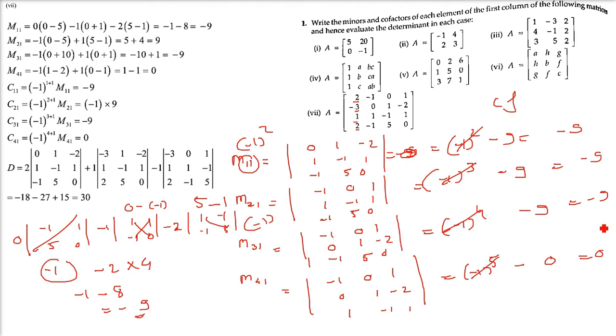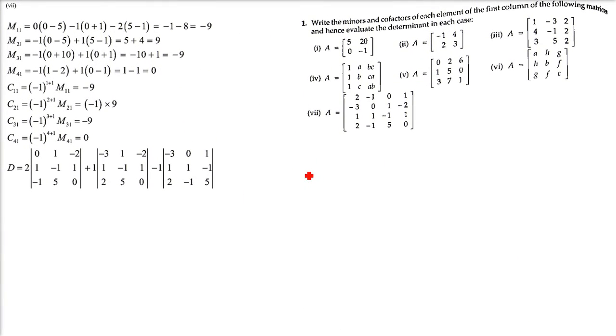Okay. You got it? Now in order to find out the determinant, take the first column and multiply it with the values, that is the cofactors. Or you can use any of the rows. You can use 2, minus 1, 0, 1 also. It's up to you.